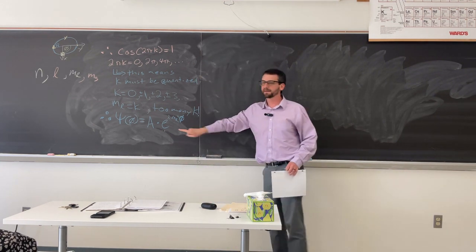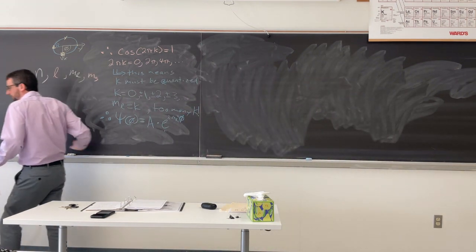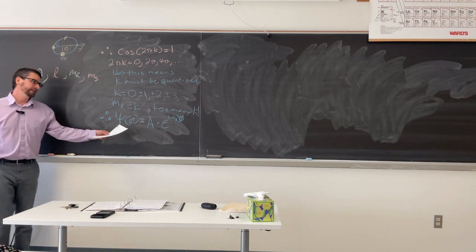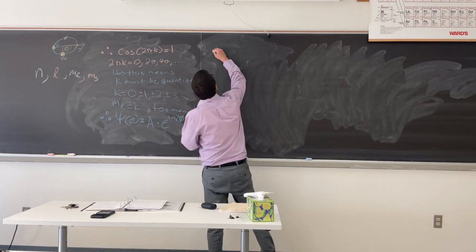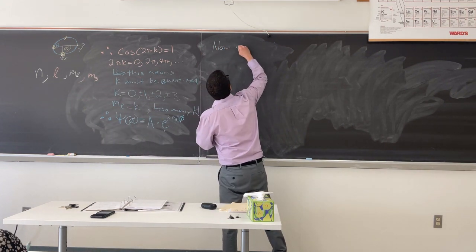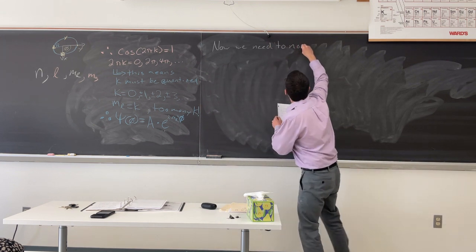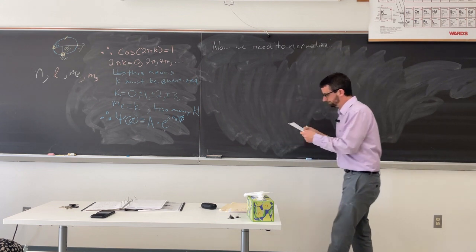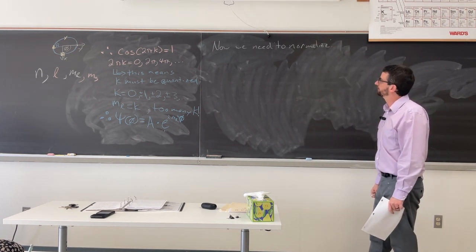Okay, we got this. Ellen, you told me earlier that we have to do something. What have we not gotten to yet? We got to normalize it. So this is an unnormalized wave function. So now, to normalize. Okay. So we're going to figure out what A is.